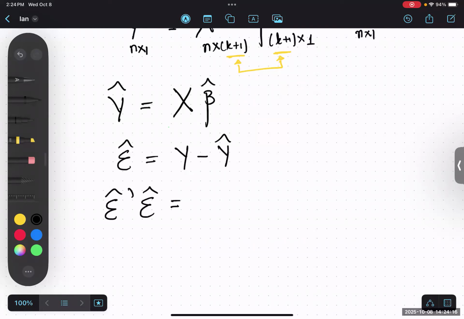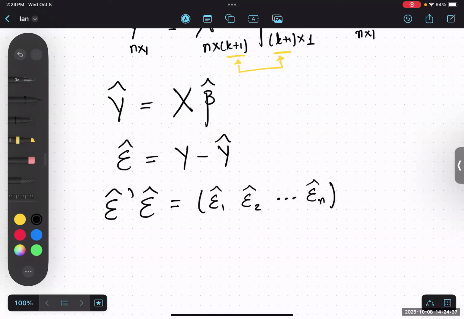If you don't believe me, I will do it quickly. The transpose of a vector is a row with observations epsilon hat 1, epsilon hat 2, up to epsilon hat n.